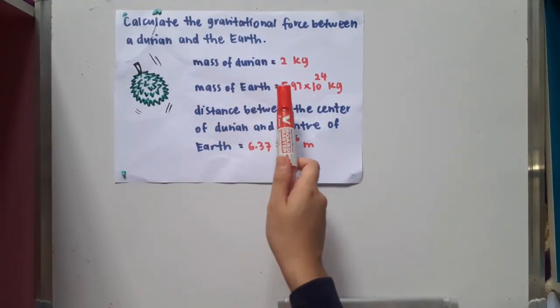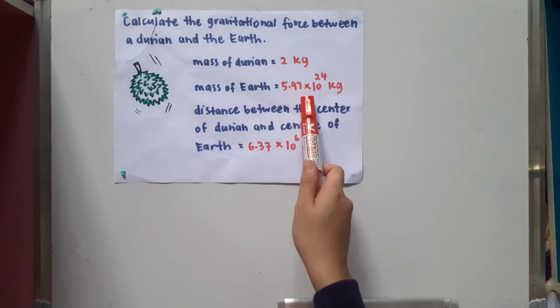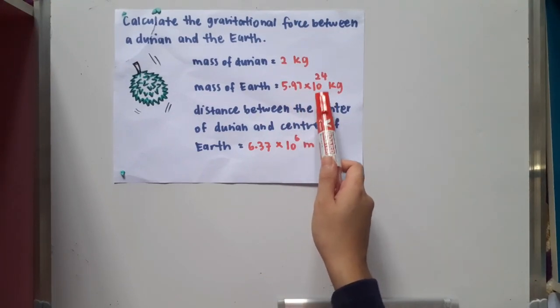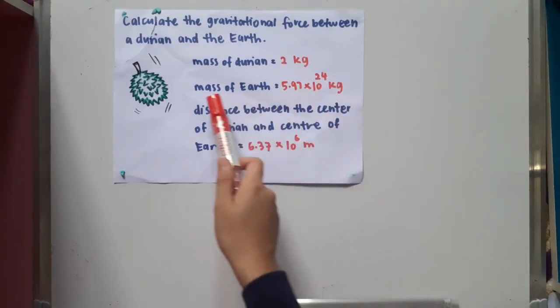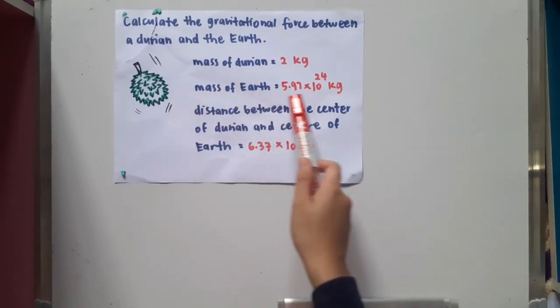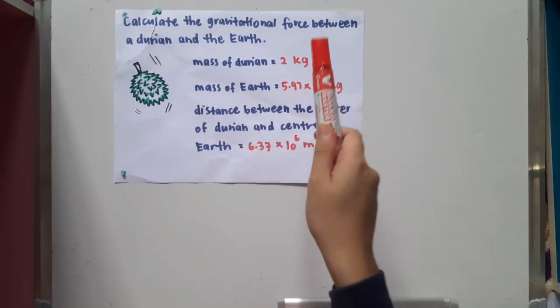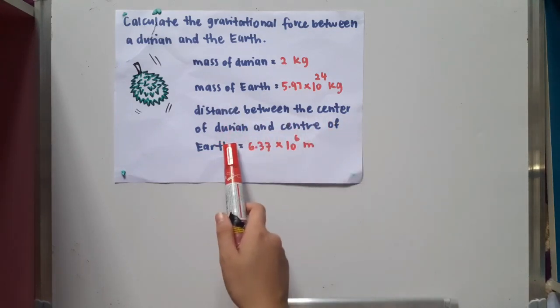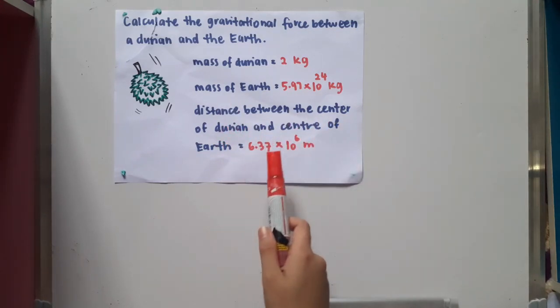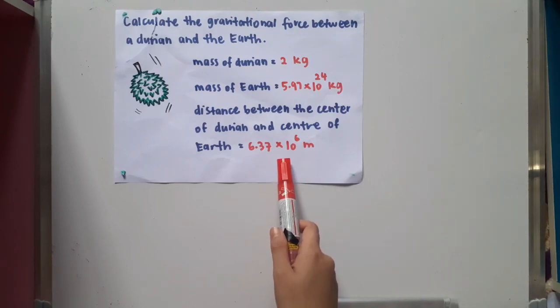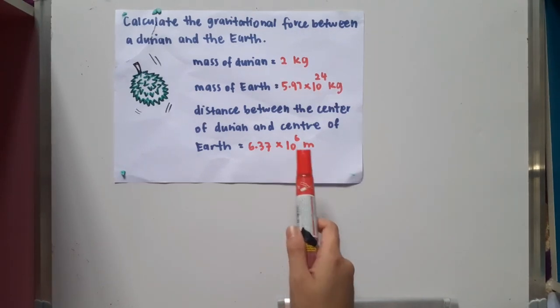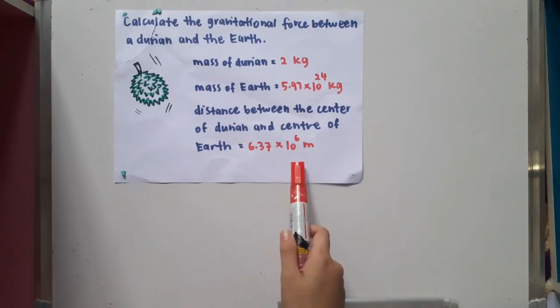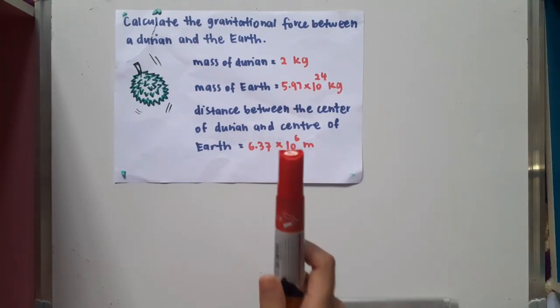Mass of Earth is 5.97 times 10 to the power of 24 kg. This is also a constant value. The distance between the center of the durian and the center of Earth is 6.37 times 10 to the power of 6 meter. This is the radius of the Earth, which is capital R.